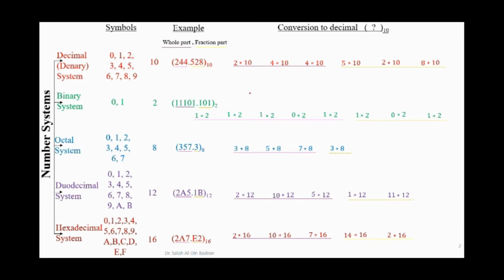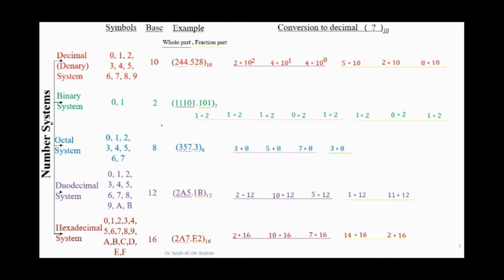The second step is to raise these numbers, 10, 2, 8, 12, and 16, to powers. Why? Because we use these numbers as bases. As you see now, we raise them to numbers.